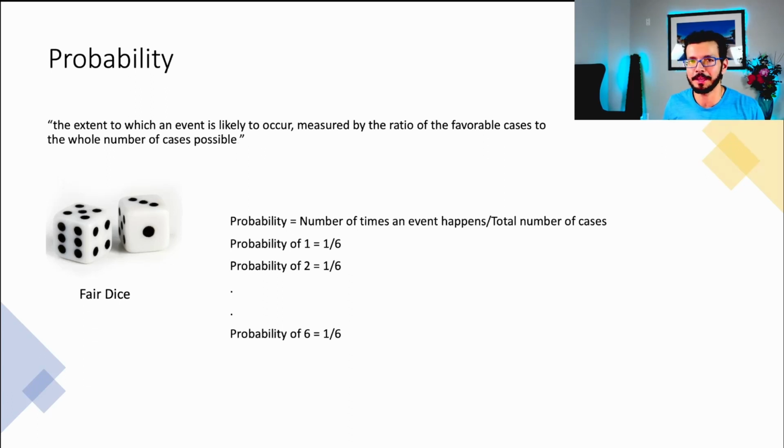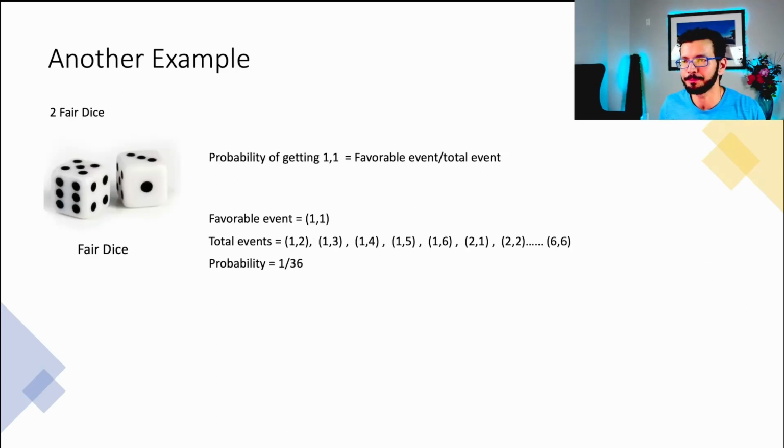Now that we have taken a look at a very simple example and know one way to calculate the probability, let's take a look at another example. Let's say you have 2 fair dice and we start throwing them, and I ask you what is the probability that I'll get 1 and 1, which is 1 on the front face of the first dice and 1 on the front face of the second dice as well.